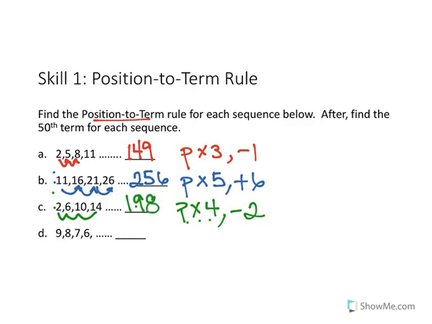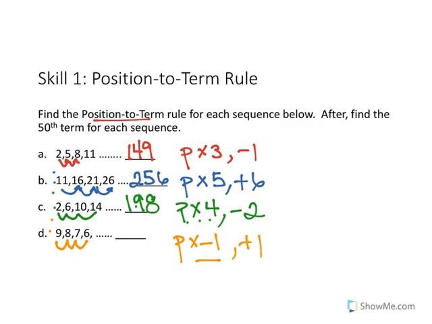And then on my last one, don't be fooled. Just because it's dropping, you actually multiply your position by -1, because it's subtracting 1 each time. So it doesn't mean you suddenly go to division. You actually multiply by -1. 1 times -1 makes -1 because positive times a negative makes a negative.